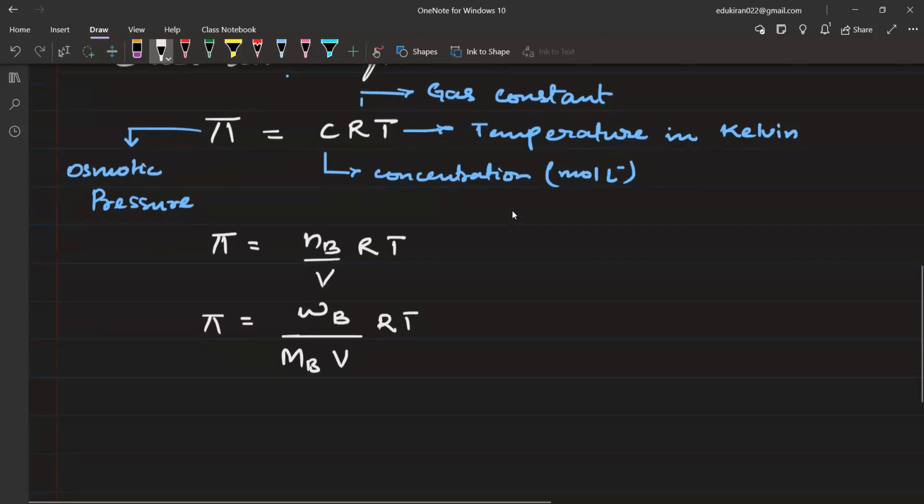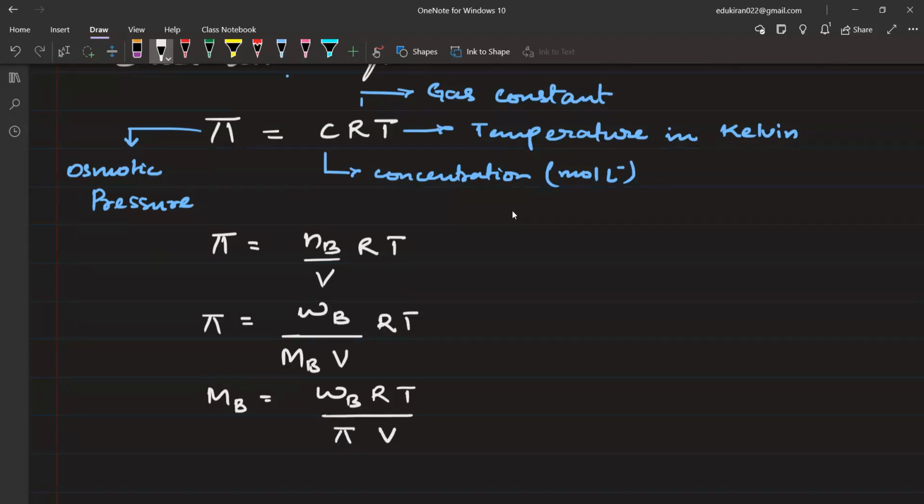Generally we use these equations to calculate molar mass. So molar mass will be equal to the mass of the solute multiplied by R into T, divided by the osmotic pressure and volume. Please remember the volume should be in liters. Okay, please write this down.